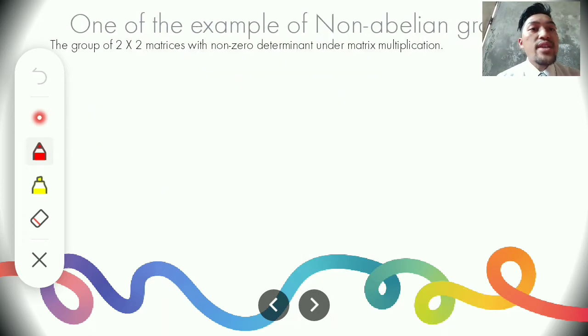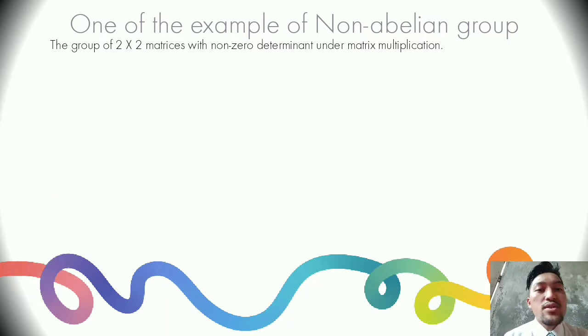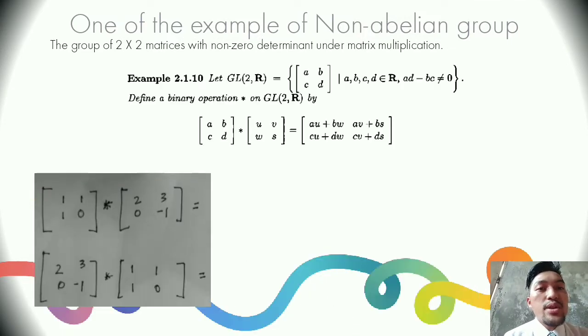One example of a non-abelian group is the group of 2 by 2 matrices with non-zero determinant under matrix multiplication. We have example 2.1.10: let GL2(R) be the set of matrices (a b; c d) where a, b, c, d are real numbers and ad - bc is not equal to 0.